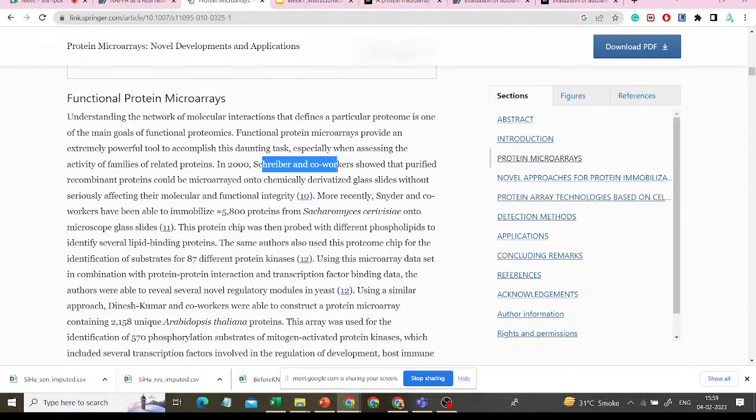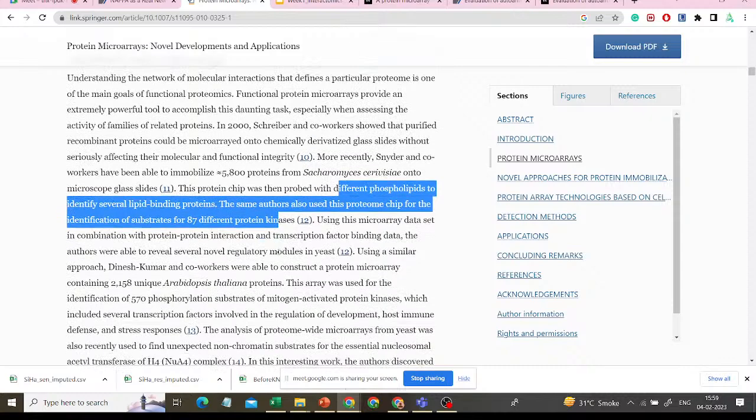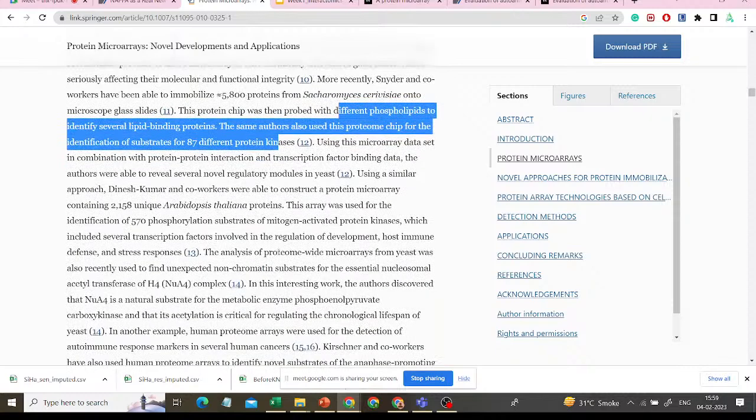Then the protein chip also evolved with time, to increase its functionality and robustness, so that the proteins are held on the chip in a very clear way and do not break down, and it gives you the best result.